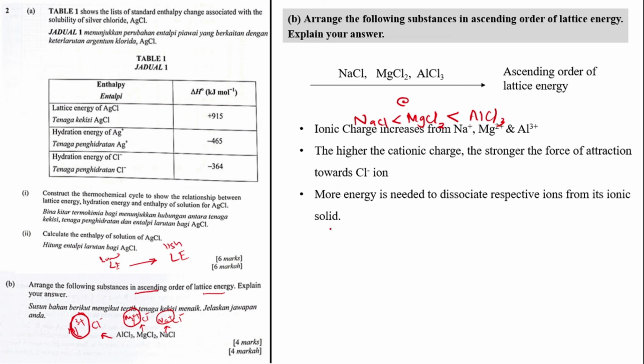And as a result, more energy is needed to dissociate the respective ion from its ionic solid, and hence the lattice energy of AlCl3 is the highest, followed by MgCl2 and NaCl. So this is how you make the sequence and provide the explanation step by step. Okay, so we're going to move on to the next question.